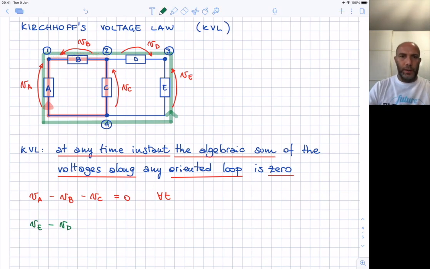This time it has the positive orientation, so plus VB. And finally we move from node 1 and we close the loop going to node 4. We find VA. VA is again with the opposite orientation with respect to the path, and so we take VA with a minus sign. And this sum is 0 at any time instant.